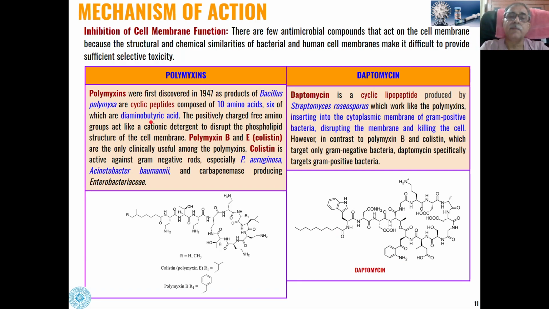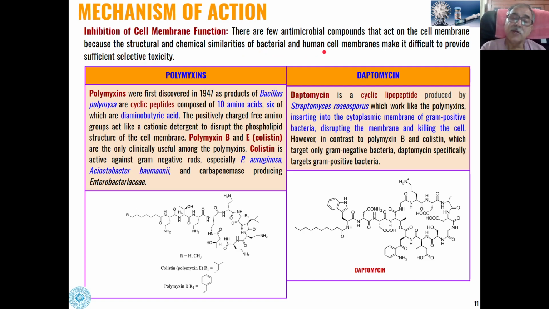Next is inhibition of cell membrane function. So here only few antimicrobial compounds can act on the cell membrane. The reason for that is the structure and chemical similarity in the bacterial and human cell membrane.